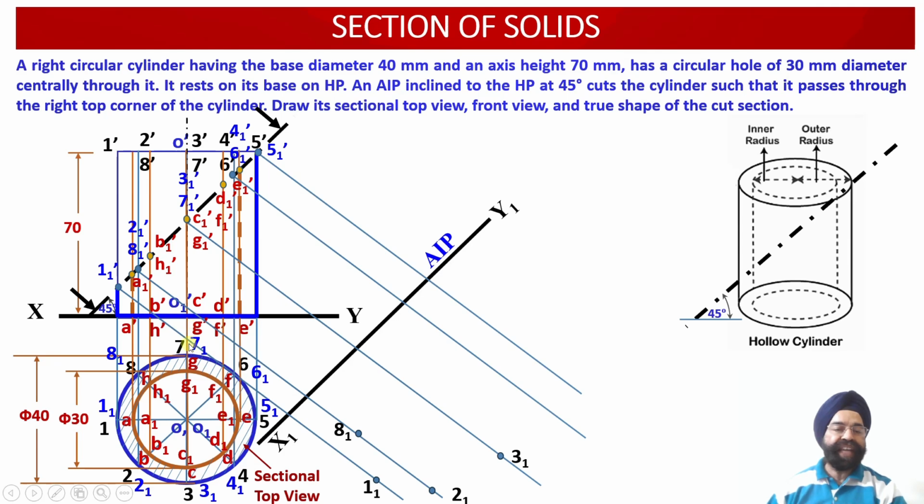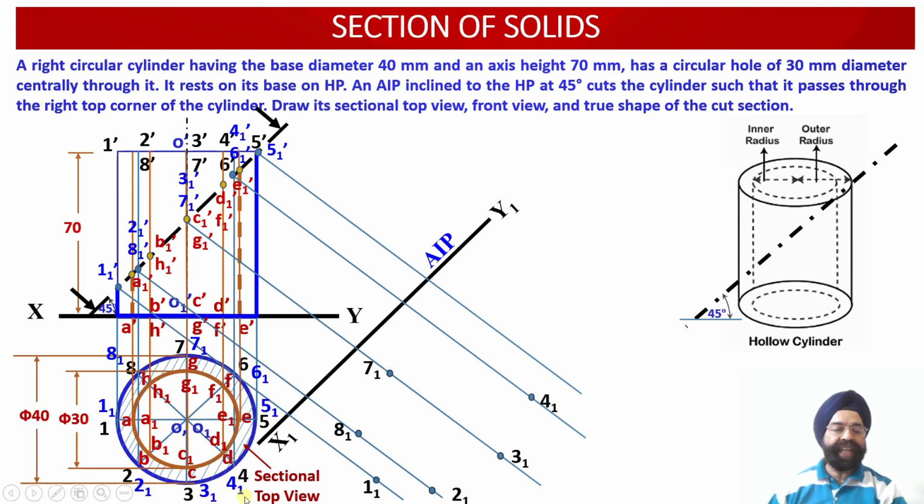Next point available with us is 71. So we measure this distance of point 71 from the xy reference line. Now onto this projector line, if we mark the same distance, we will be able to obtain point 71 in the auxiliary plan view projections.